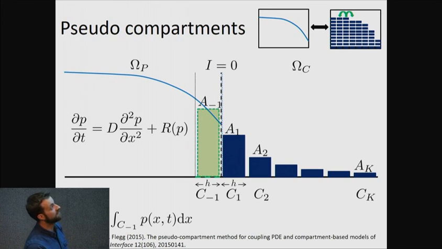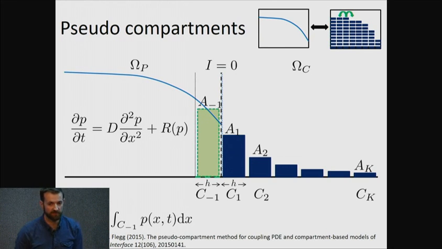Similarly, I calculate the number of pseudo-particles I have in this box by just integrating over the PDE, and then I have a jumping rate out of this compartment into the other one. And if a particle jumps out of this compartment into the first compartment of the compartment-based method, then I just remove a particle's worth of mass as a step function from the PDE.